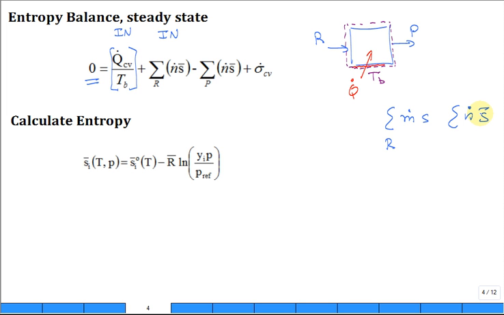So that's what's written here: the molar flow rate of each of the reactants times its individual molar entropy. Then you have out, so we put a negative here. It's the entropy flow with the products. Similarly, we'll put it on a molar flow rate basis.